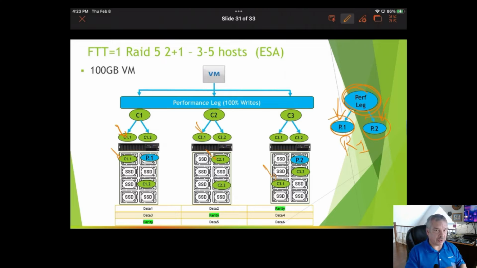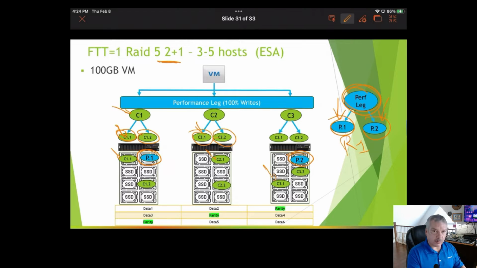So I don't have any performance numbers, but this should blow away in performance a RAID 5 of the original storage architecture, okay? So that's actually really, really cool. So you see in this example here, we got our performance leg again on different servers, okay? Again, we did our capacity here, and we split that into two.